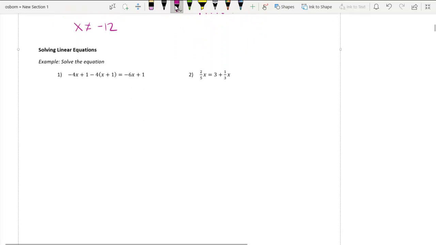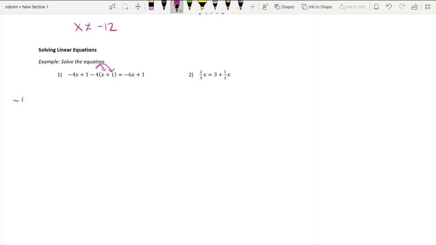All right, now the next one involves solving linear equations. We're looking at two examples. We'll work the first one first. It's negative 4x plus 1 minus 4 parentheses x plus 1 equals negative 6x plus 1. So the first thing I want to do is distribute this negative 4 to each of these terms.